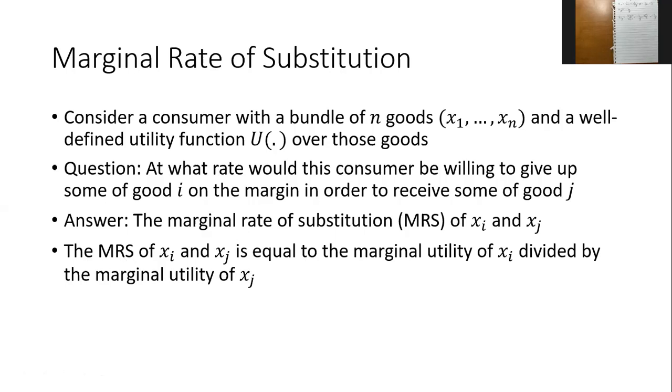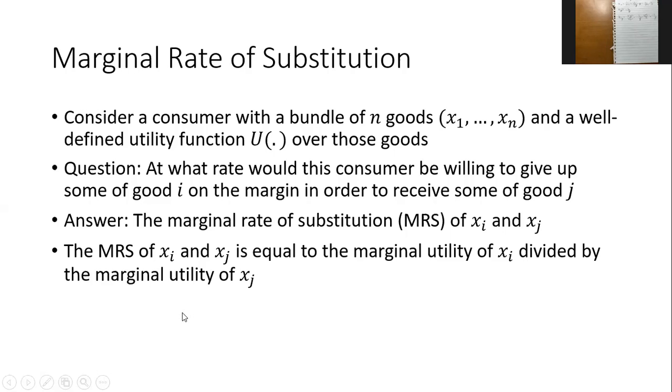It's a convenient property of utility functions and indifference curves, and the choice that a consumer has is largely determined by what's going on in the margin, in particular, that person's marginal rate of substitution.